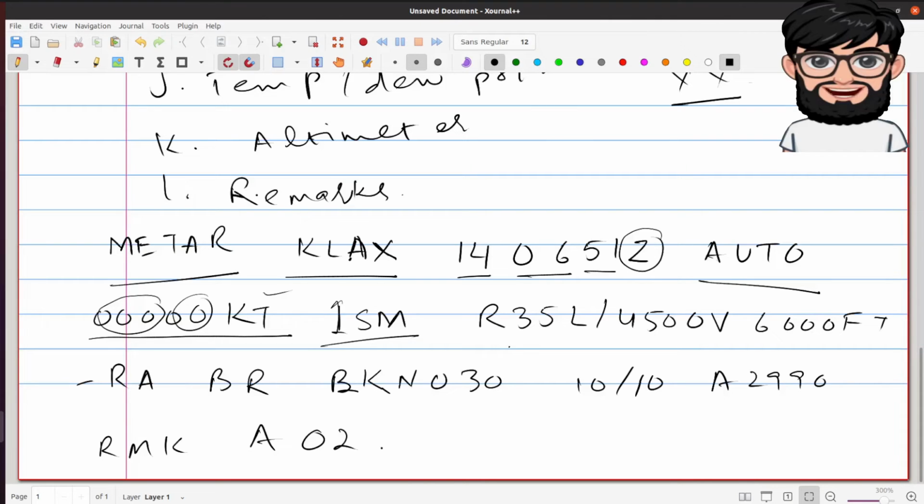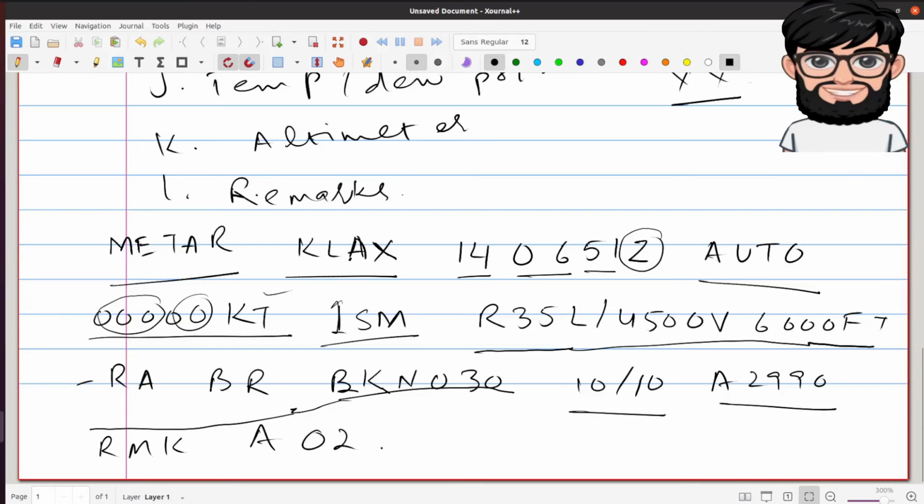Then we have the runway visual range, right? And then there are a lot of keywords in here, like you will have the sky conditions, like the broken one is at 3,000, and then we will be covering some of them too, like there are other remarks here. 10/10 is the temperature and dew point.